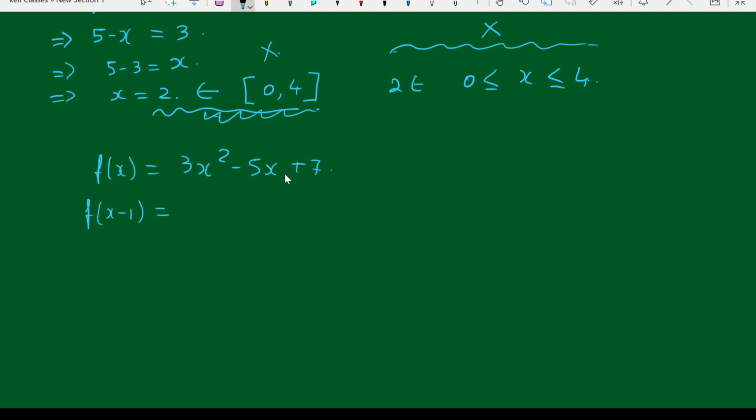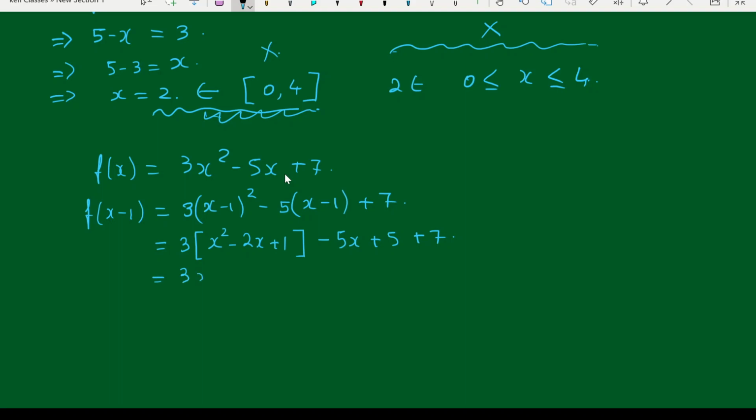Okay, so what is f of x? So this will be 3 into x minus 1 the whole square minus 5 into x minus 1 plus 7, which is equal to 3 into x square minus 2x plus 1 minus 5x plus 5 plus 7.